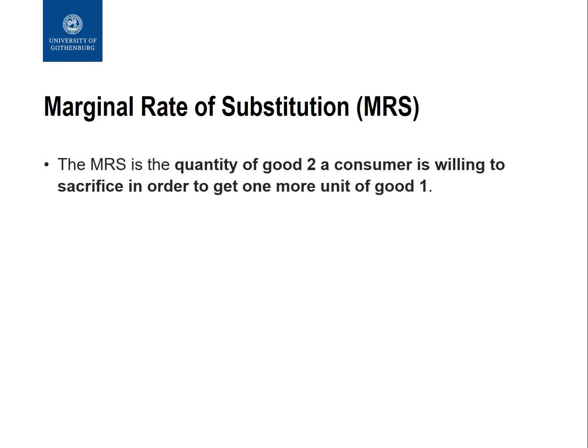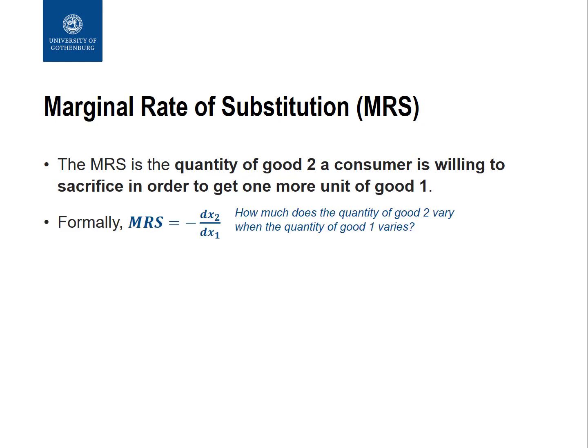This leads us to one very important concept in consumer theory, the marginal rate of substitution. This is defined as the quantity of good 2 a consumer is willing to sacrifice in order to get 1 more unit of good 1. Formally, this is minus the variation of good 2 over the variation of good 1.